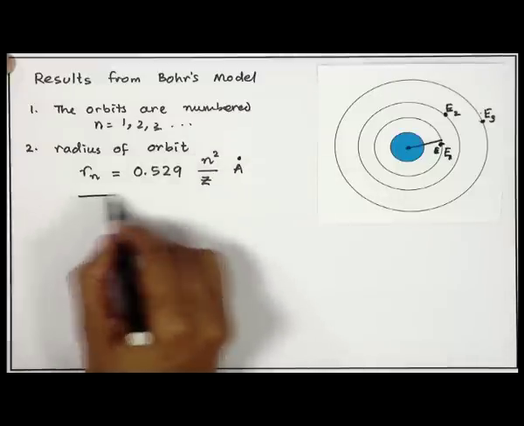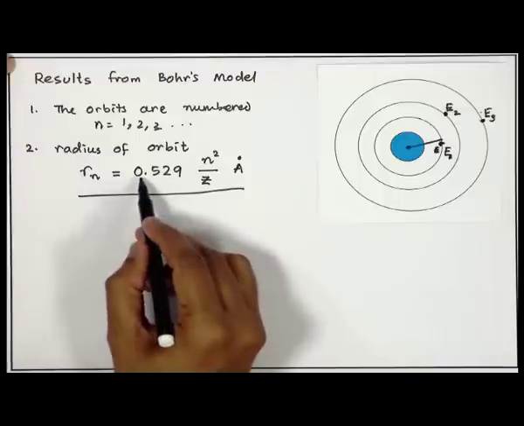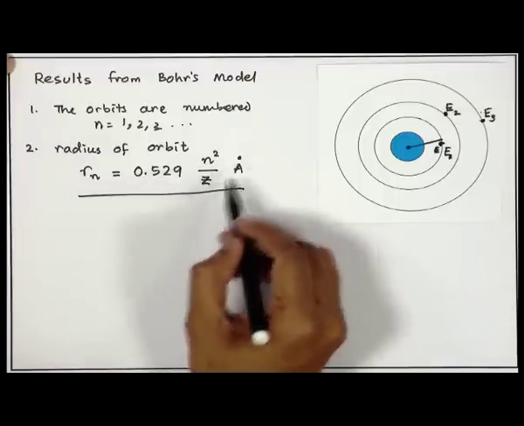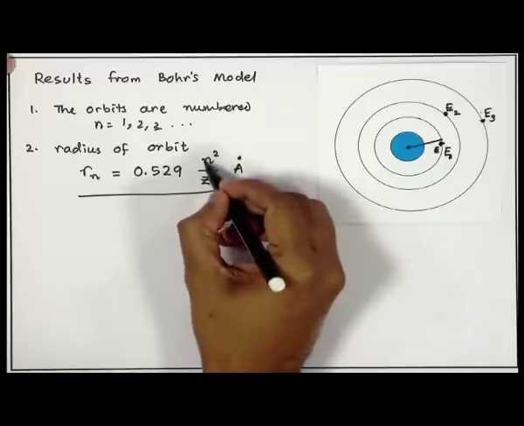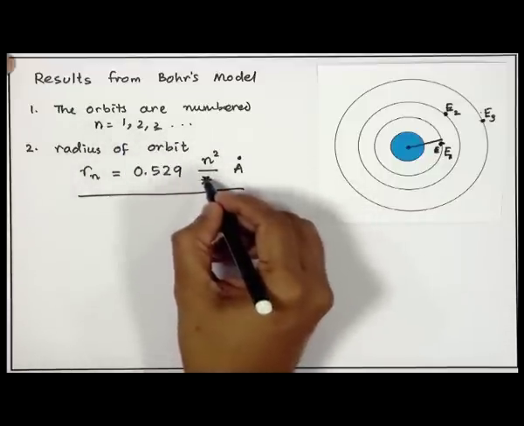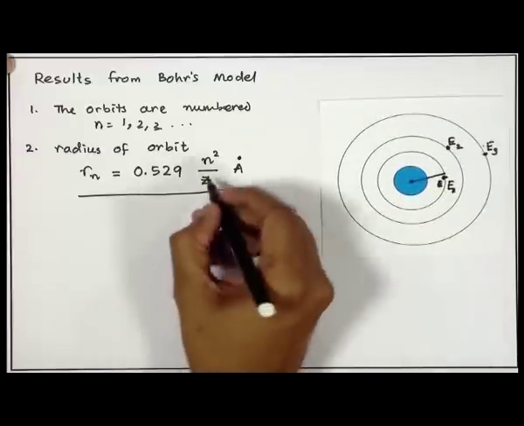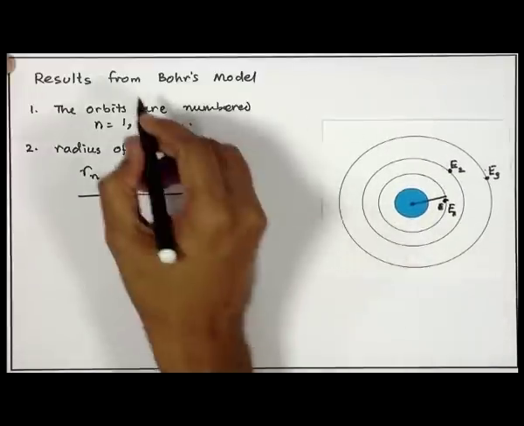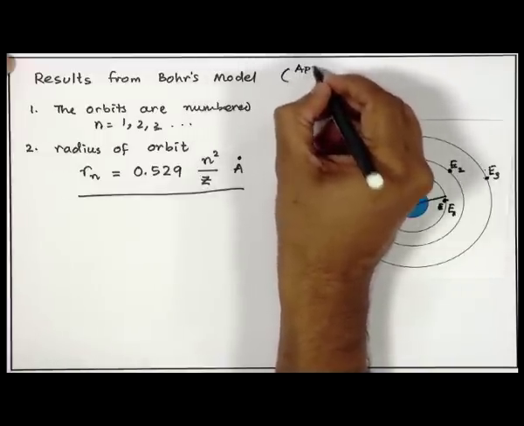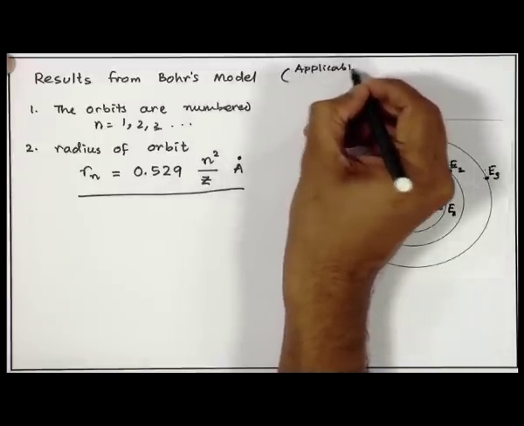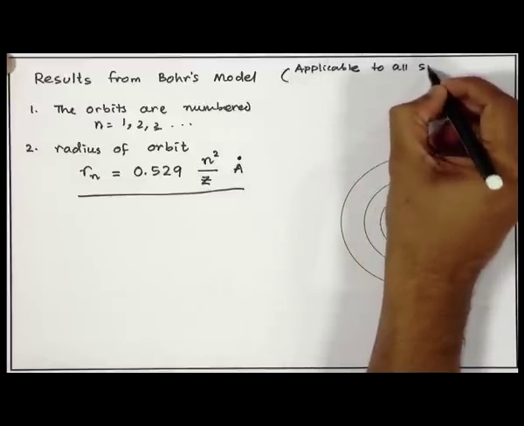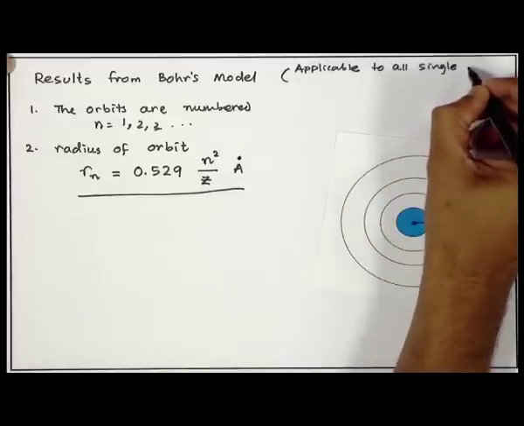If you look at this expression, you have the number 0.529. This number has the unit of angstrom, because the remaining terms are n, which is the index here and can be 1, 2, 3, just a number, and Z, which is the atomic number of the nucleus. So, these results from Bohr's model are applicable to all single electron species.